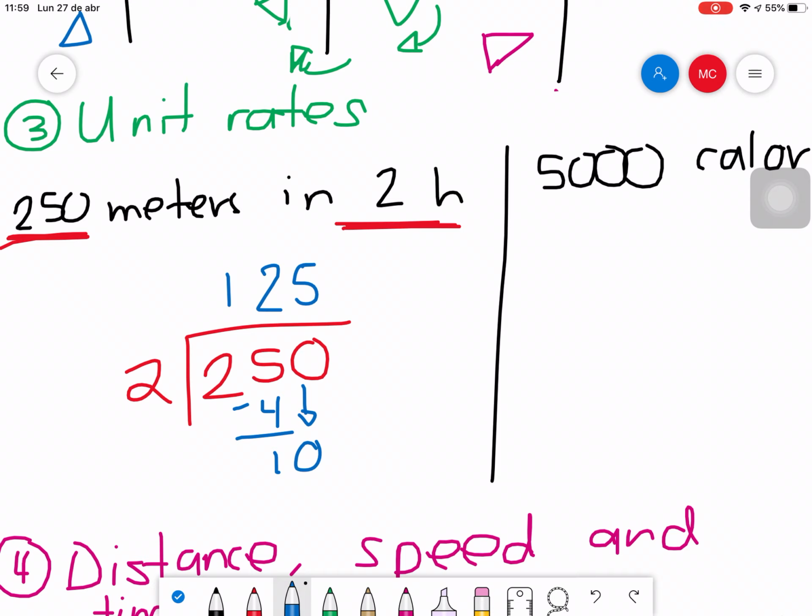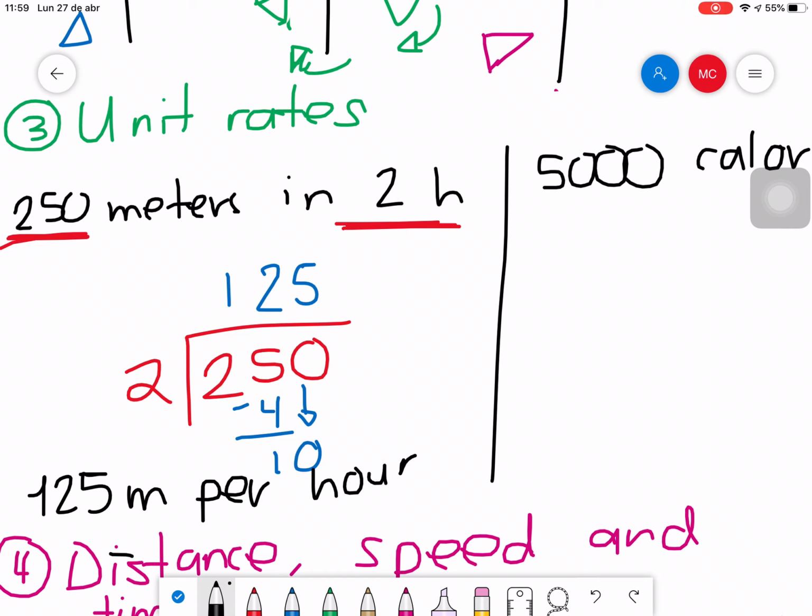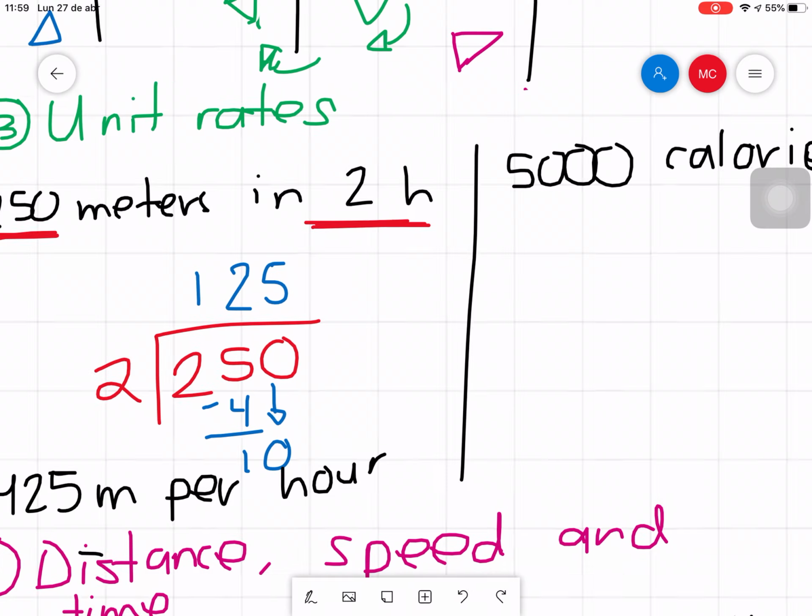So that means that, let me write it here, the whole answer will be that person ran 125 meters in an hour, or like I want you to write it, per hour, okay? He ran 125 meters per hour, and you're gonna do the same in here.